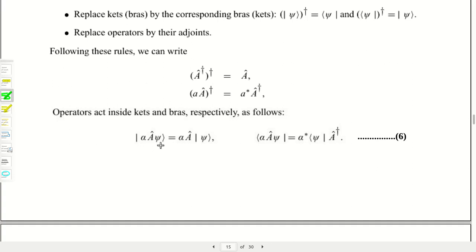Psi is a function, A is an operator, so operator A operating on psi will give you another function. Suppose d/dx is an operator, operating on x square, what will you get? 2x, a function. So when an operator operates on a function, it will form another function, not necessarily another, it can form a similar function also.